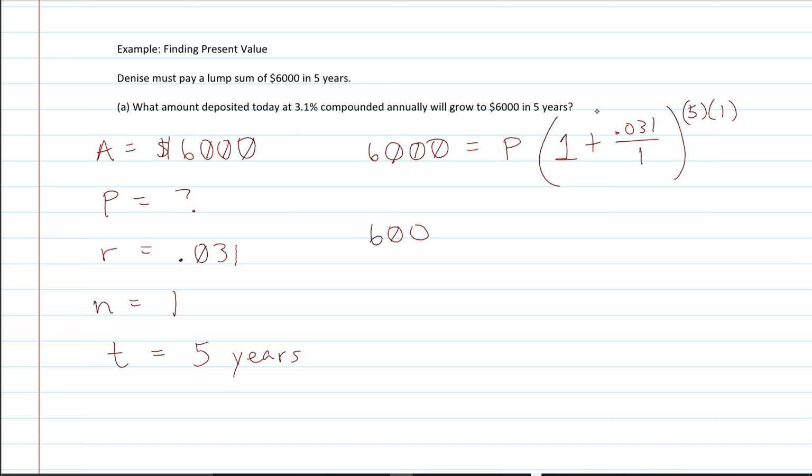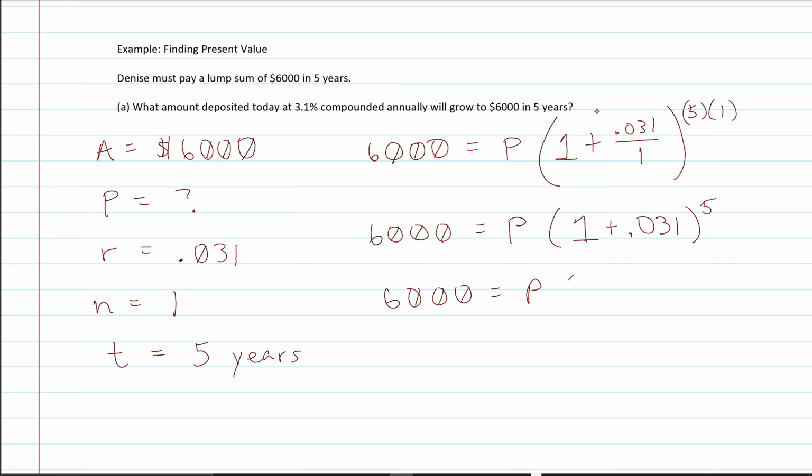Working on the arithmetic here, we get 6,000 equals P times the quantity of 1 plus 0.031 raised to the 5th power. And now I'll just go ahead and add what's in the parentheses there.